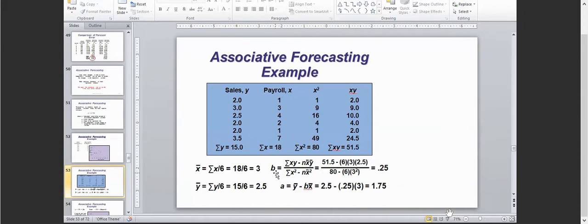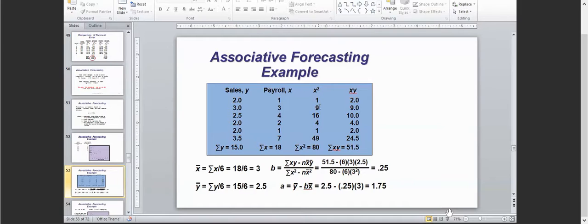For the b value, the formula is the total of xy minus n multiplied by x bar y bar, divided by the total of x squared minus n multiplied by x bar squared. So we need to find first the value of x squared here.